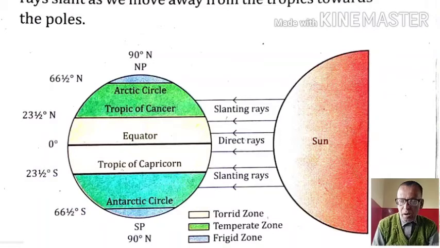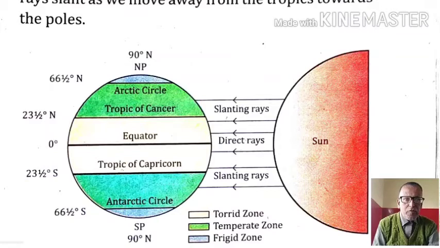So on the basis of these latitudes, from Tropic of Cancer to Arctic Circle, and again from Tropic of Capricorn to Antarctic Circle, it is a region of temperate zone.